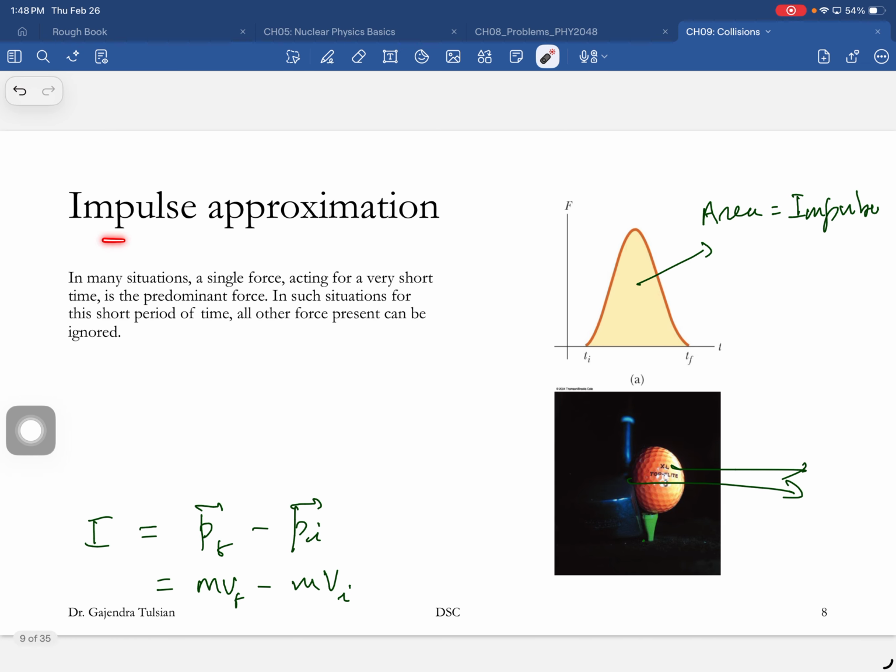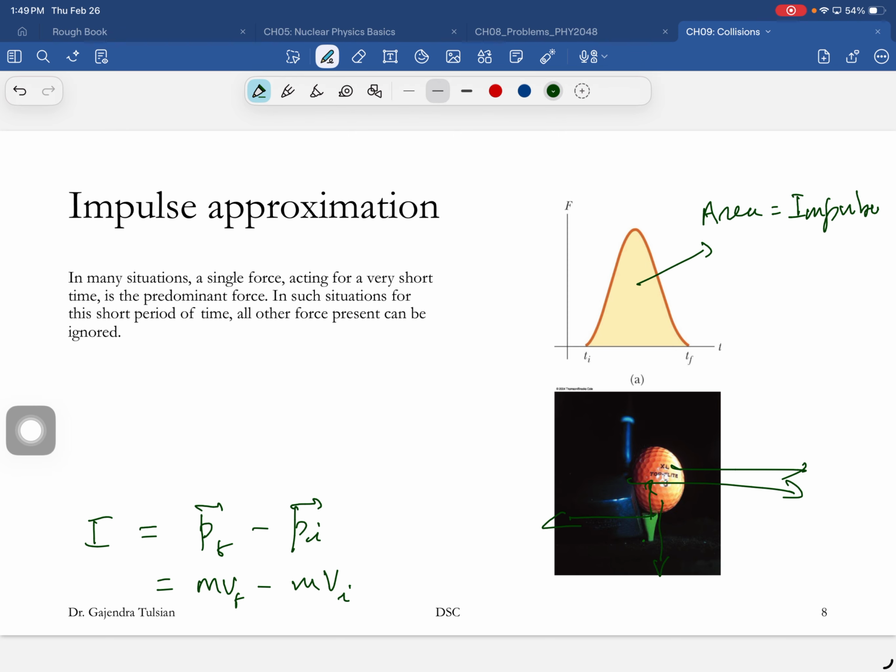Here is the impulse approximation. What this says is the following: in many situations, a single force acting for a very short time is the predominant force. What do we mean by that? What are the other forces acting on this system? There's gravity, there's the normal force, and there's friction.